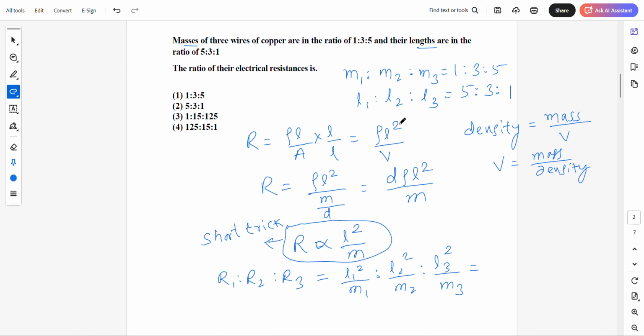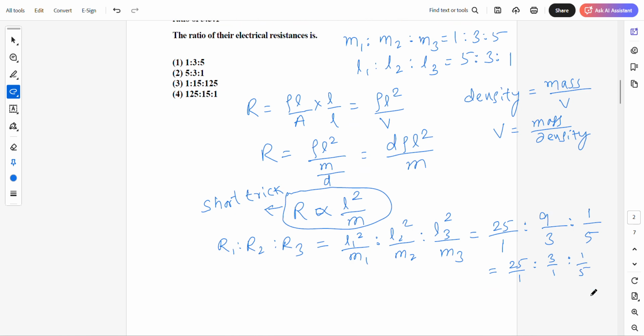That is equal to: L1 is given 5, so 5 square is 25, by M1 which is 1. L2 is 3, 3 square is 9, by M2 which is 3. L3 is 1, 1 square is 1, by M3 which is 5. That is equal to 25 by 1 is to 9 by 3 is to 1 by 5.